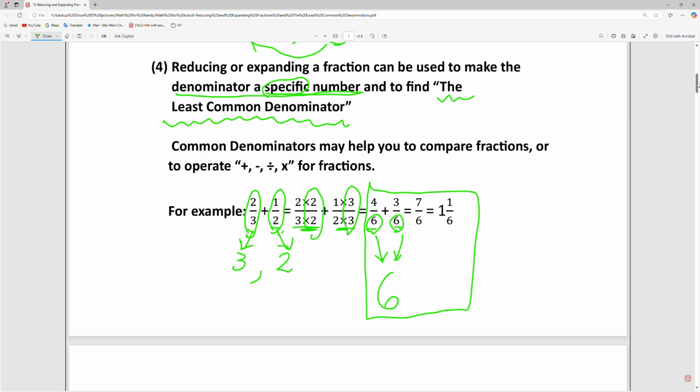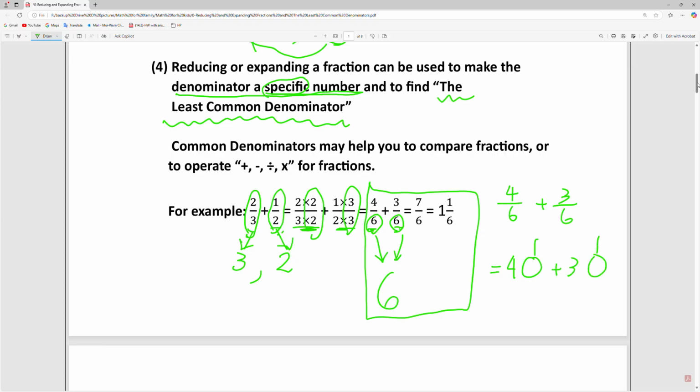But obviously, when you have the same denominator, 4/6 plus 3/6, it's something like 4 apples plus 3 apples.